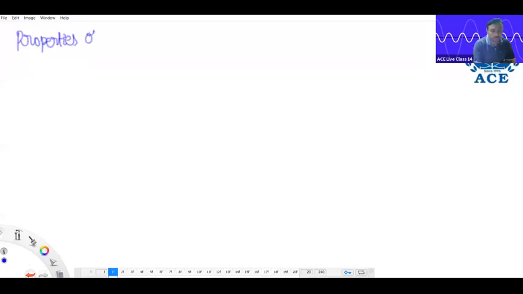Properties of LTI system. Any LTI system is always represented with impulse response h of t or h of n.